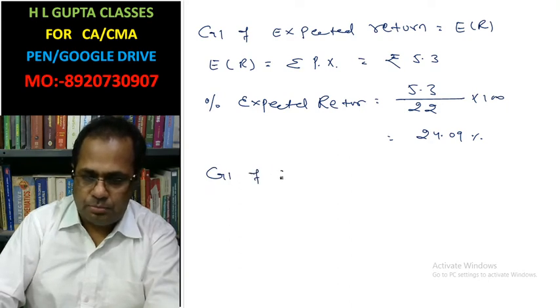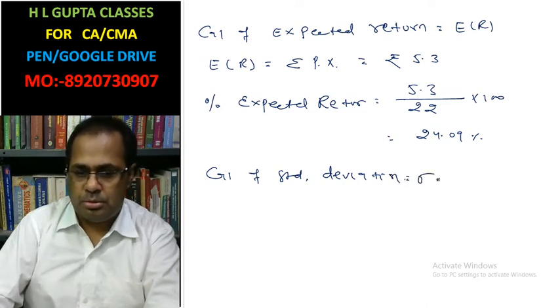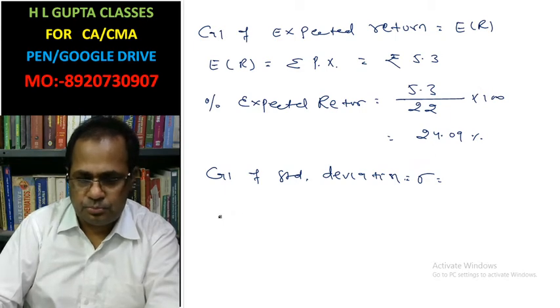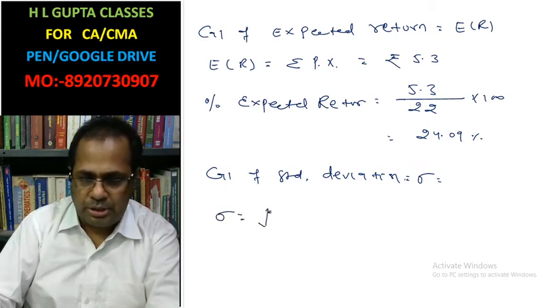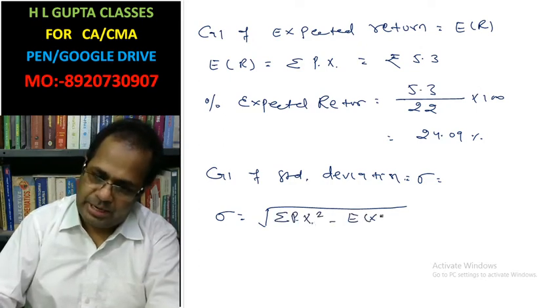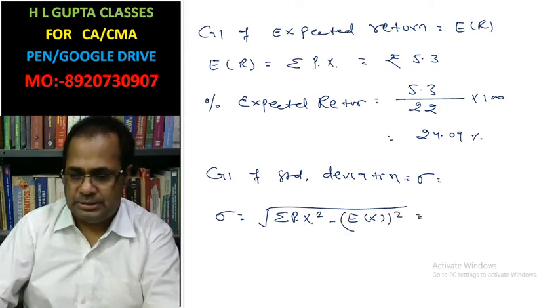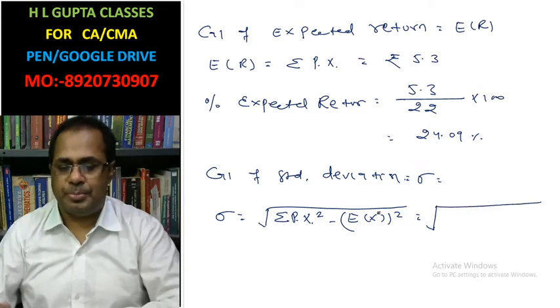Now, calculation of a standard deviation. The formula of a standard deviation is root under summation PI XI X square minus expected X whole square.